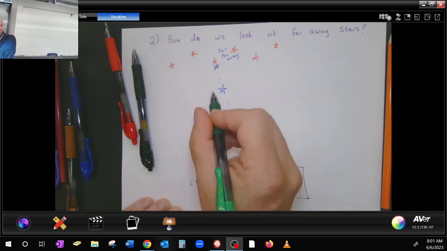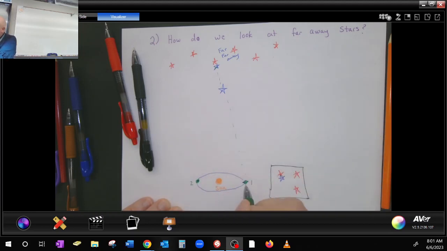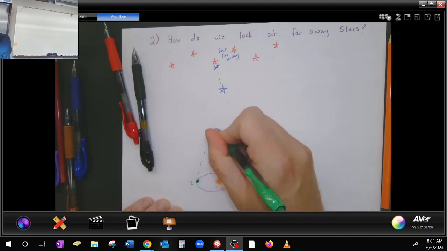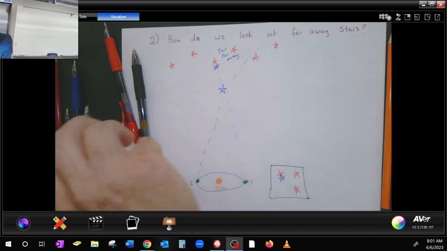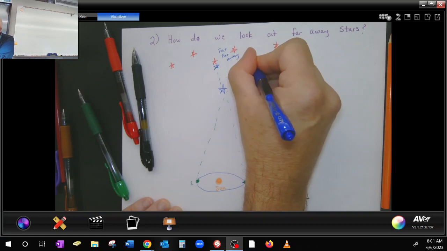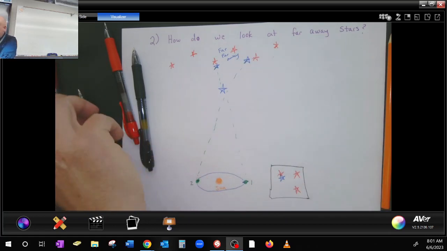So if we took a picture of that star 6 months from now, that star's not going to go anywhere. If we took a picture of that star in January and then came around and took a picture of that in June, then what we would see is now that star looks like it's closer to this star over here.